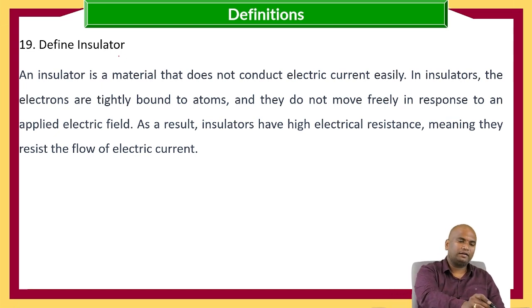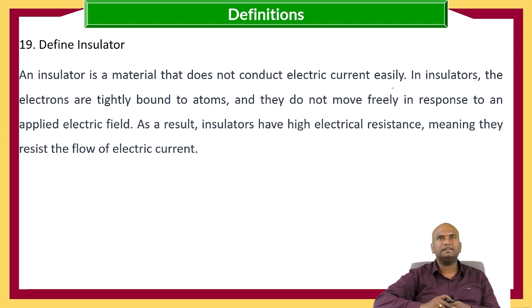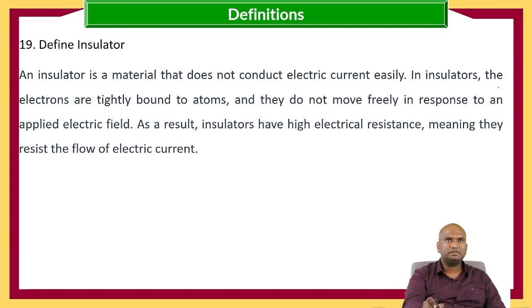Define insulator. An insulator is a material that does not conduct electric current easily. An insulator is a material which has high resistance, so no current will flow through the insulator. In insulators, the electrons are tightly bound to the atoms and they do not move freely in response to an applied electric field.